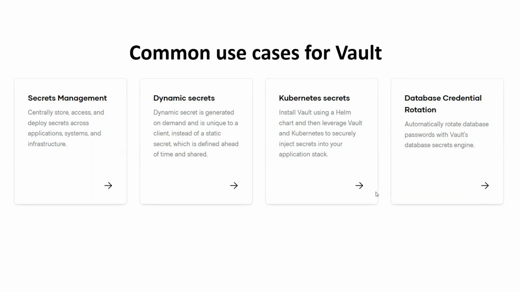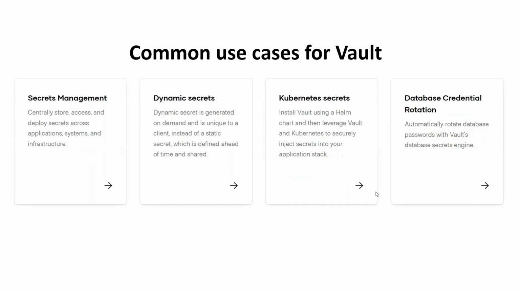Dynamic secrets are something like an OTP or passphrases. Dynamic secrets are generated on demand and unique to the client, instead of a static secret, which is defined ahead of time and shared.